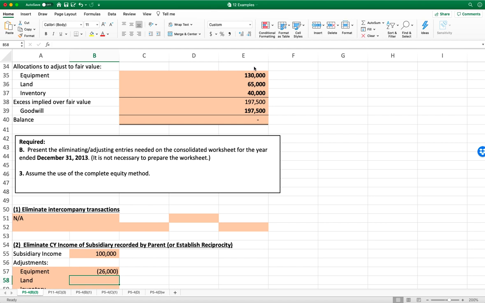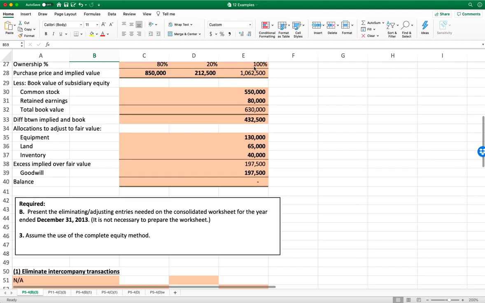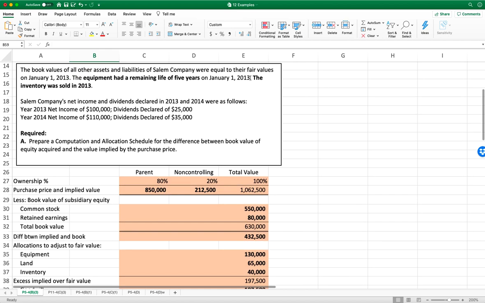Now, land impacts net income when we sell it. We don't depreciate it. So we didn't sell it and we don't depreciate it. So that one's fine. Inventory is going to impact our net income when we sell it, like in the lecture slides from last video. So they also told us that the inventory that existed on the date of acquisition was sold during 2013.